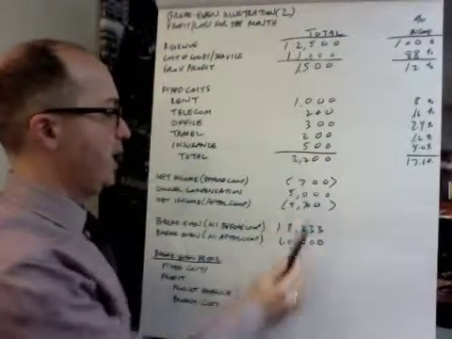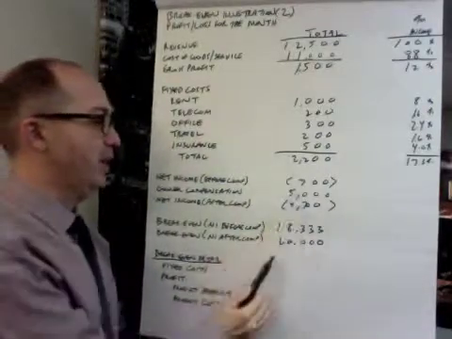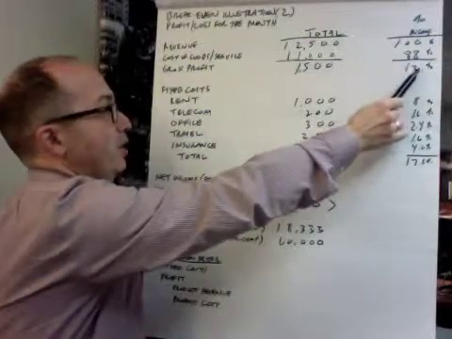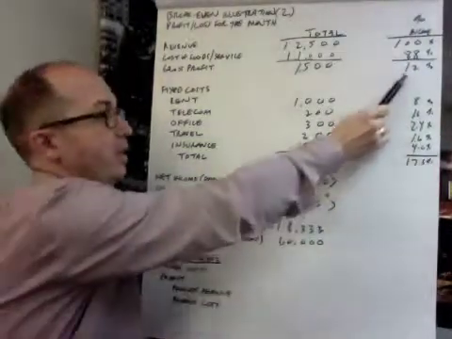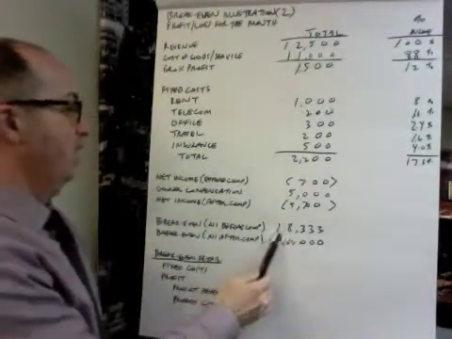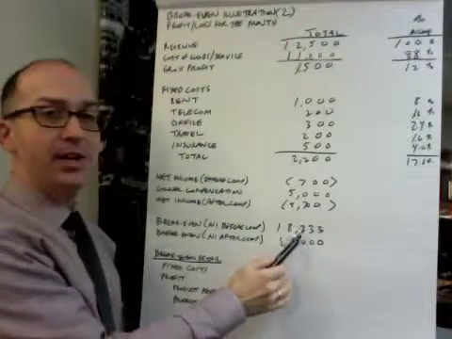So we have the two different break-even calculations here. We have the one before your compensation, and we have the one after. Well, based on this really, really ugly profit margin of 12% right there, your break-even before your compensation has to be $18,333.